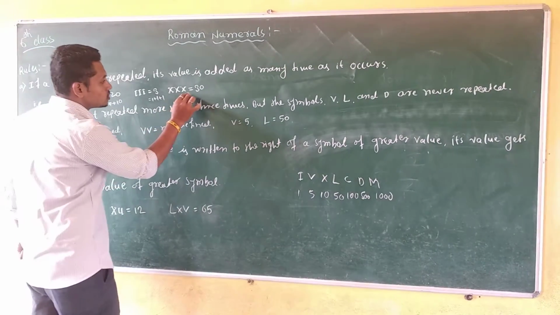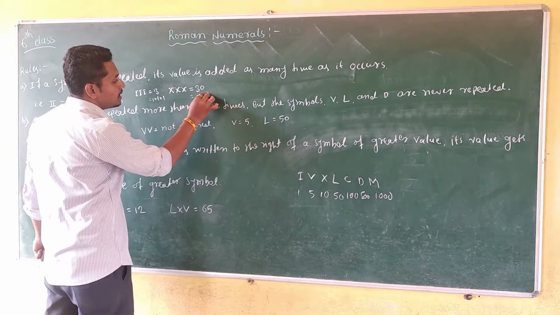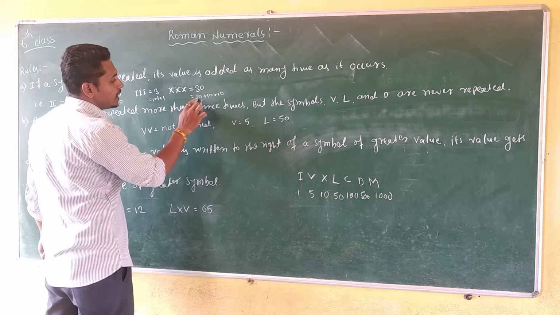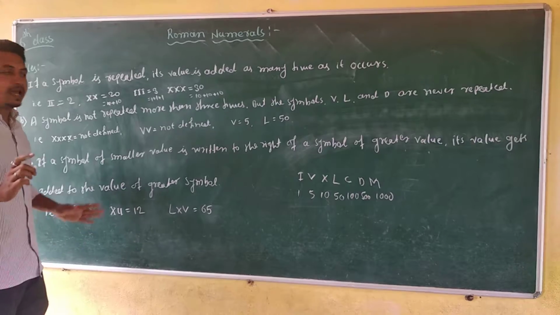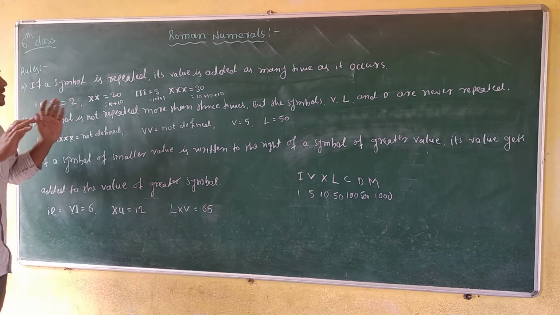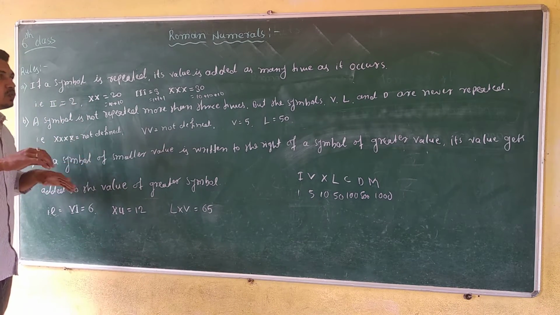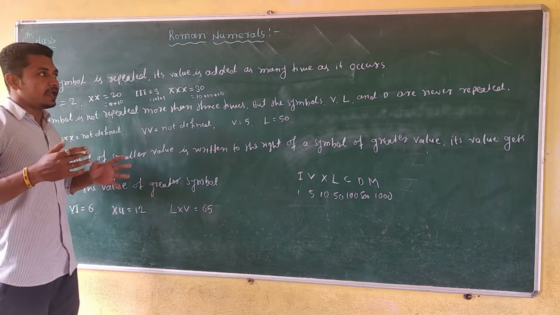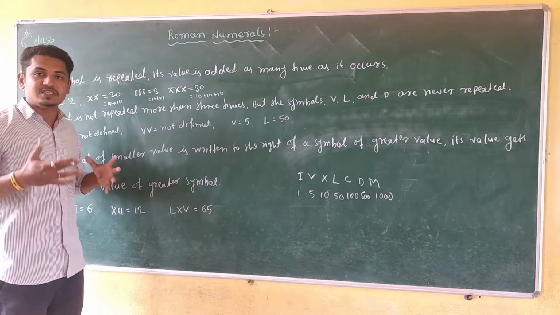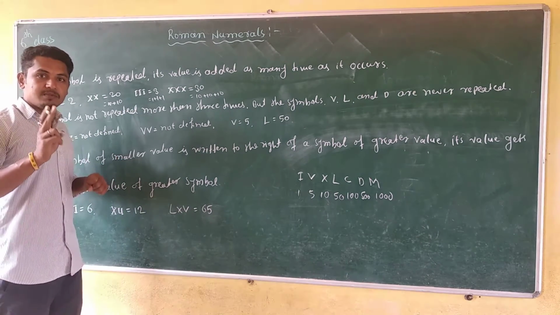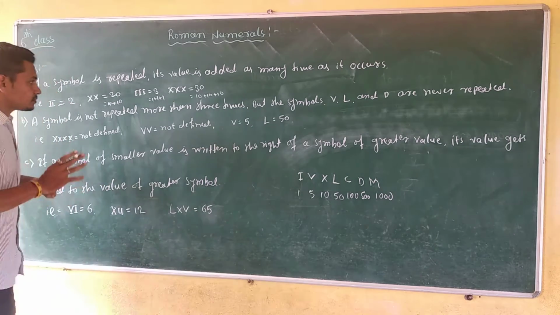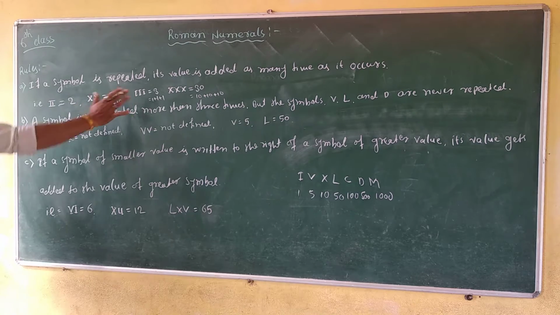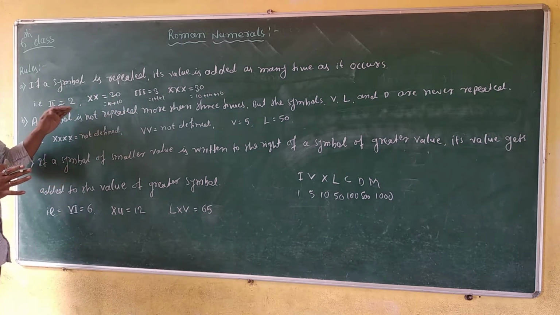It is the same here: XXX is 10 plus 10 plus 10, so 10 plus 10 is 20, 20 plus 10 is 30. Is it clear? The first rule is, if a symbol is repeated, its value is added as many times as it occurs, and the maximum repeating time is only 3 times. Did you understand how it is adding?